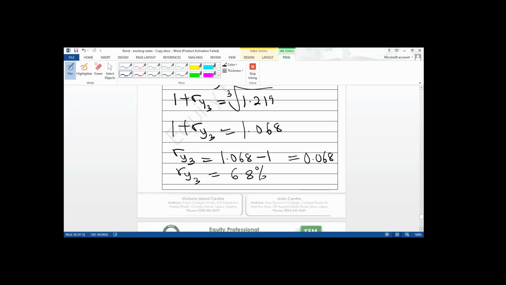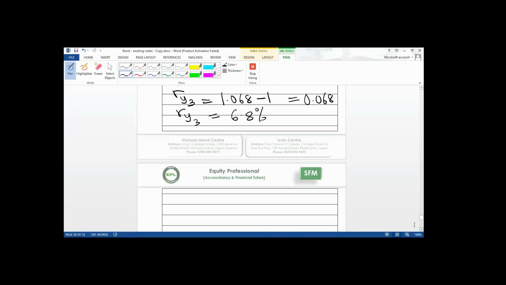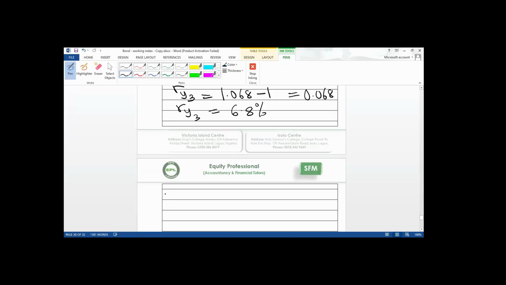You have gotten spot rates for year 1, 2, 3. Look at it. R01, spot rate for year 1 is equal to 4.76%. R02, spot rate for year 2 is equal to 6.22%.